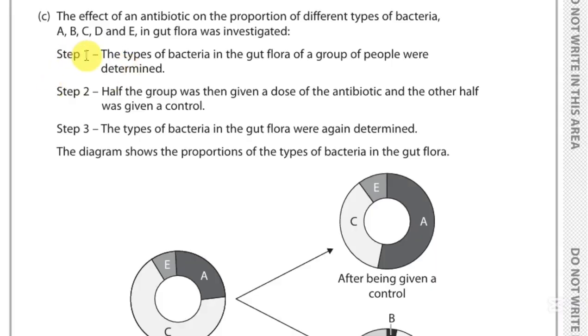Step 1 is the type of bacteria in the gut flora of a group of people were determined. Step 2 is half the group was then given a dose of antibiotic and the other half was given a control. And step 3 was the types of bacteria in the gut flora were again determined.